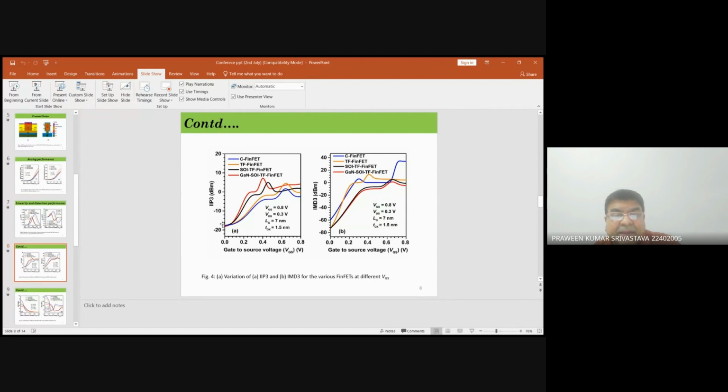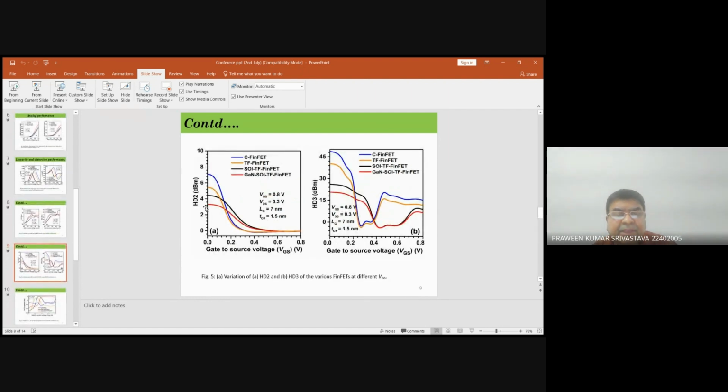It means that for the linearity and for the intermodulation distortion, 2F1 plus F2 and 2F1 minus F2, which come into the bandwidth range, it gives a better result as compared to all the other existing devices. So we can say that our device is better than all the other devices as far as the third-order intermodulation is concerned.